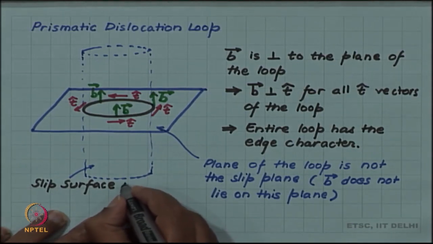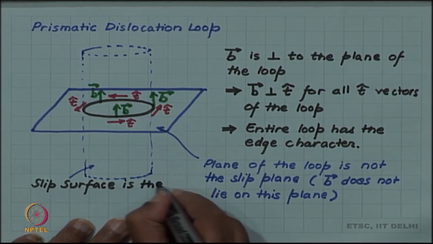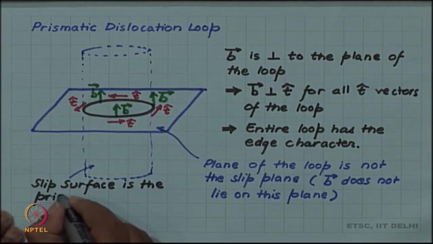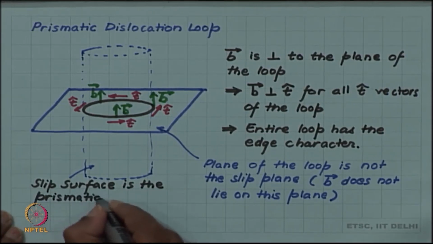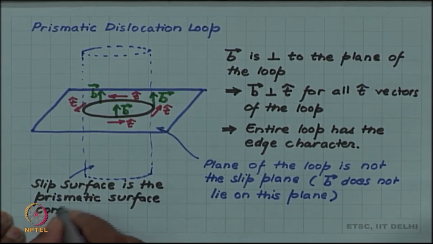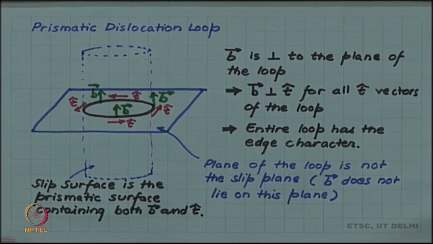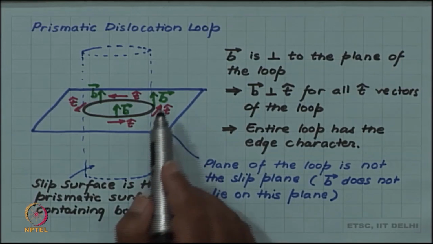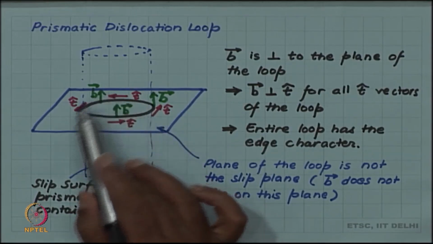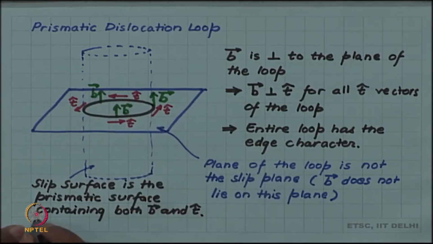So, the slip surface is the prismatic surface containing both B and T. Whatever the shape of the dislocation line may be, it will be a prismatic surface based on that dislocation line as base.